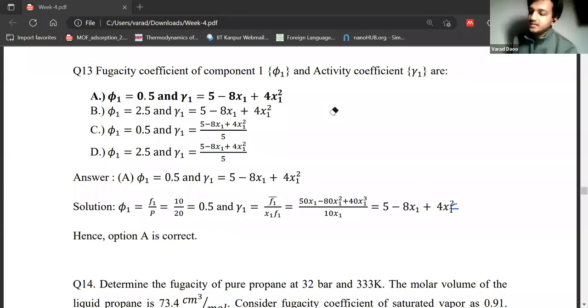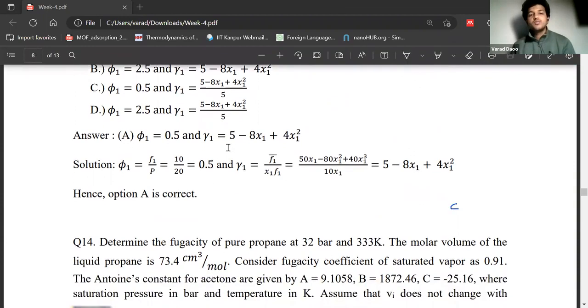Okay, no questions. So I think the solution is clear, and then we'll move on to the next question.